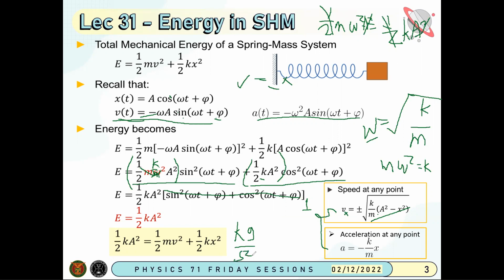Sorry. Angular frequency. Tapos yung force constant mo is Newton per meter. But Newton is just kilogram meter per second squared. So magkakancel yung meter, so parehas na lang kilogram per second squared. So if you check in dimensionality, consistent siya. Right? So angular velocity pa rin siya.